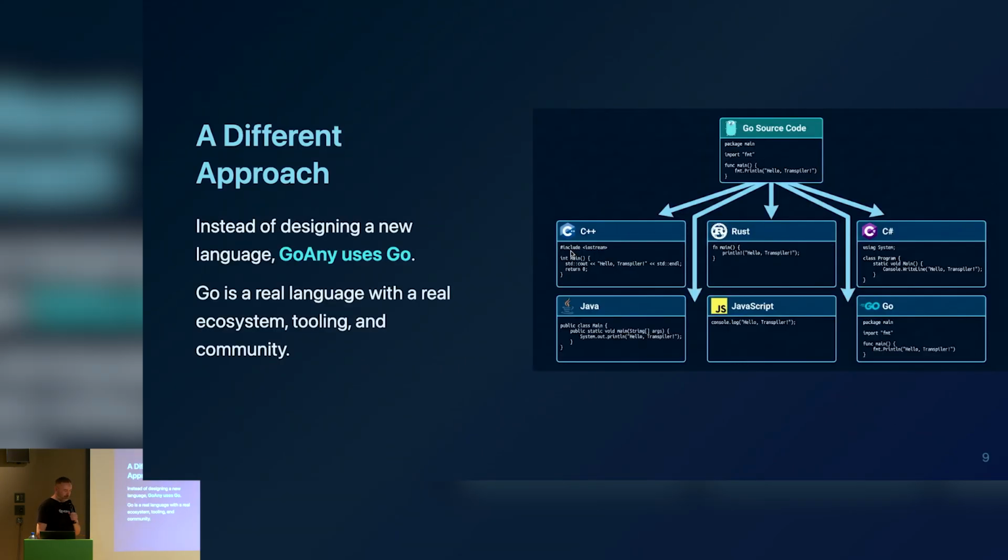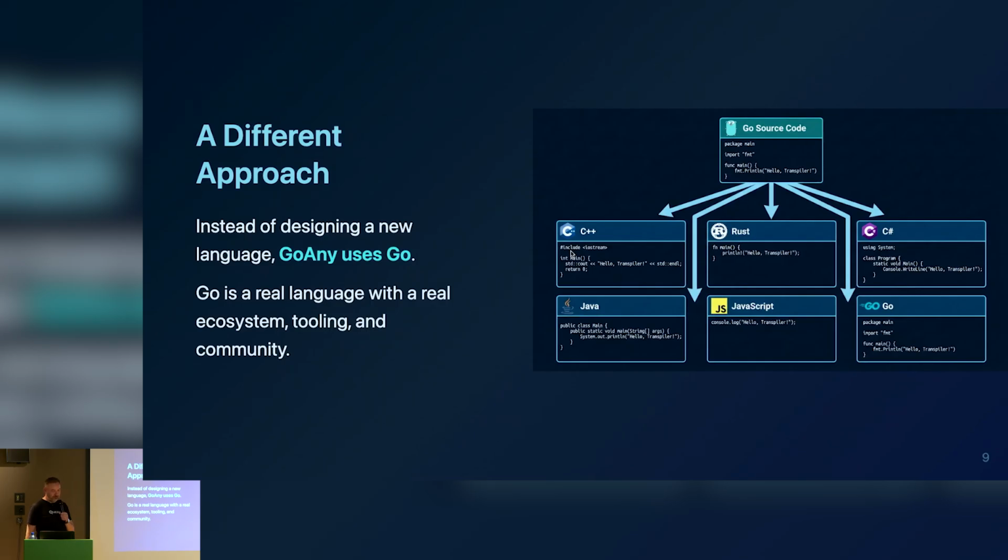And in Go any, I've taken a different approach. At the beginning, of course, as I mentioned, I wanted to solve this problem of having just one implementation and transpile it to other languages. But I was thinking also about a new language, and this is problematic for many reasons.